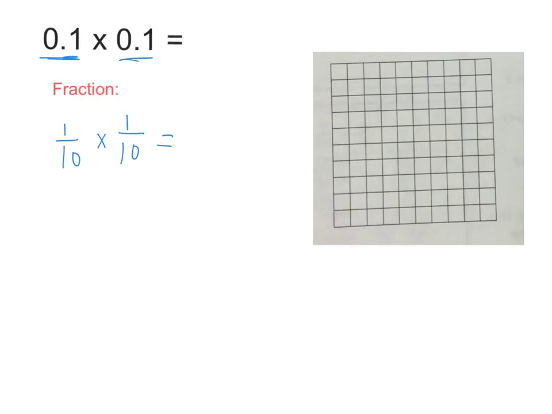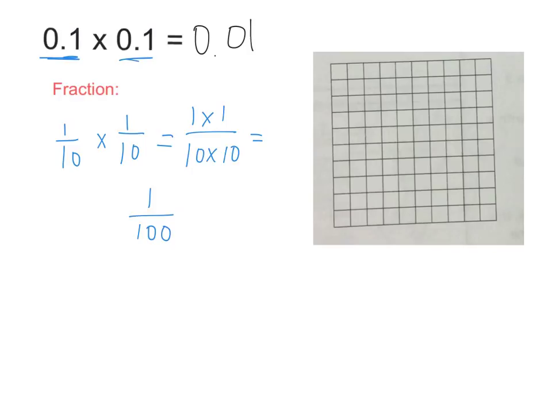So here we have 1/10 times 1/10. Do we know how to do that? Of course. We can multiply the numerators, which is 1 times 1, over the denominators, which is 10 times 10. So that equals what? 1. And then what's 10 times 10? 1/100th. How do I write that as a decimal? 0.01. Okay, so far we've written it as a decimal and as fraction multiplication.